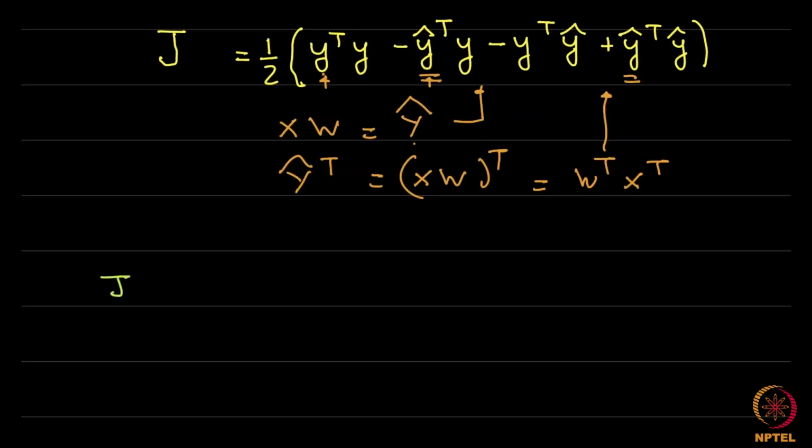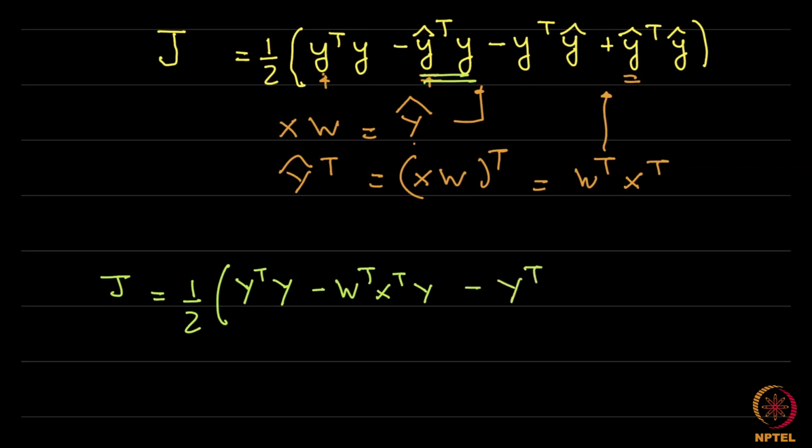So J equal to half of Y transpose Y, I'm going to use capitals here to indicate that they are vectors. Vector signs would get a little bit messy. Minus Y hat transpose Y, which is minus W transpose X transpose Y, that is this term here. Then the next term, minus Y transpose times Y hat, is just XW.